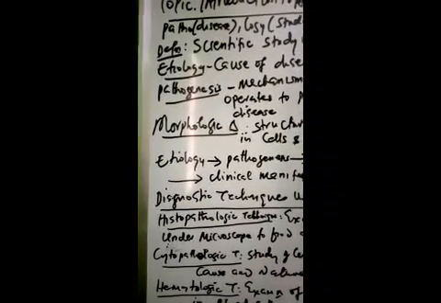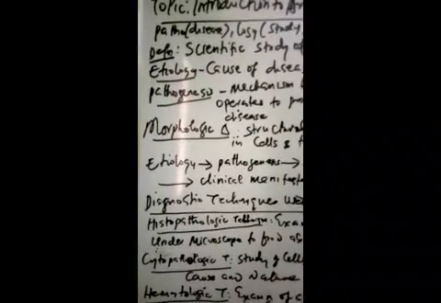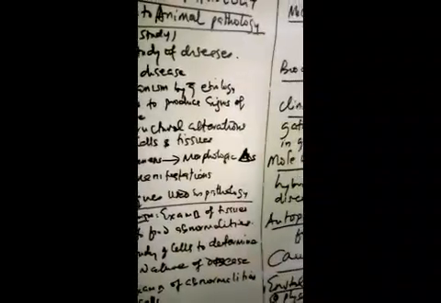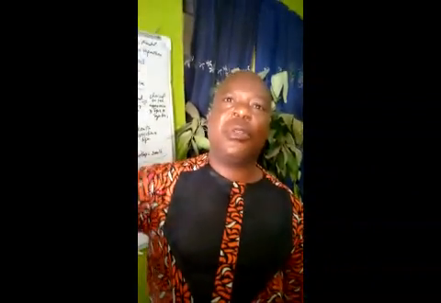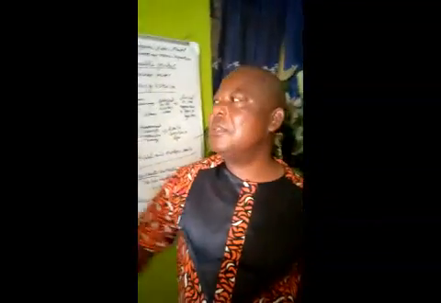Remember that morphology simply means what? Structure. Therefore, how does a disease occur? From cause, etiology, to mechanism, to structural changes, then to signs. Those things we call signs is what the doctors call clinical manifestations.